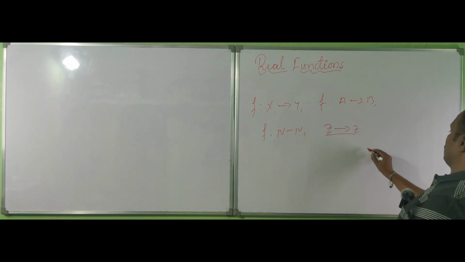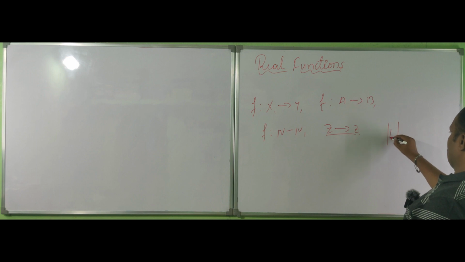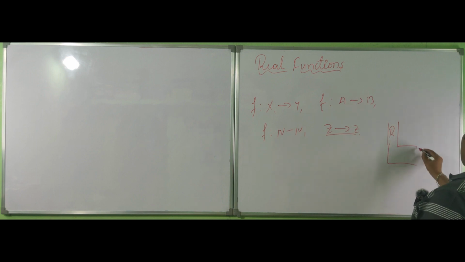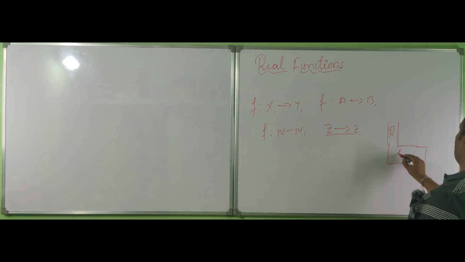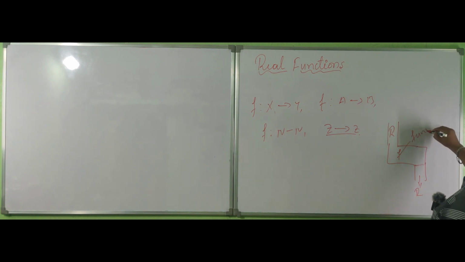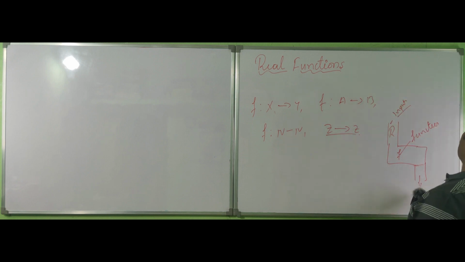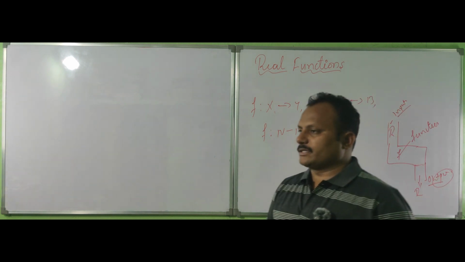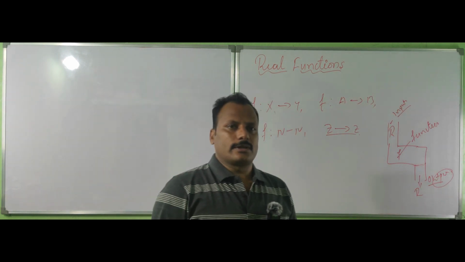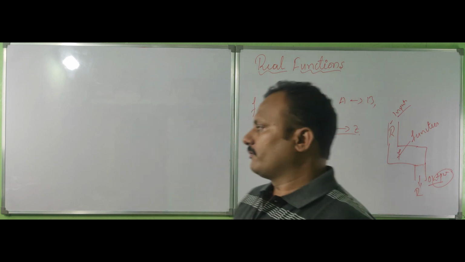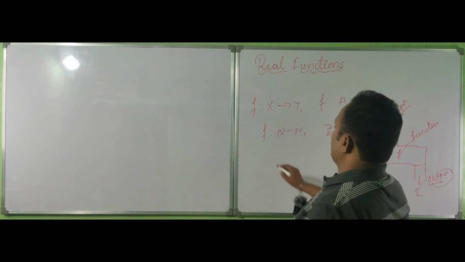Similarly, if the domain and codomain, the input and output, are both real numbers, if this is R and this is also R, then this is the function. If the domain and codomain are both real numbers, then the function is called a real function.